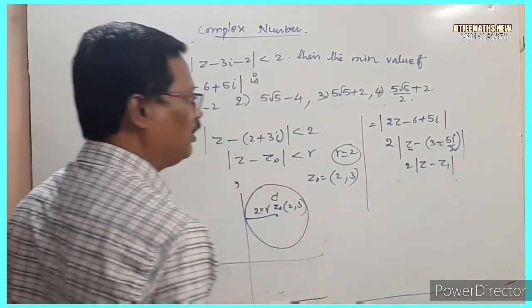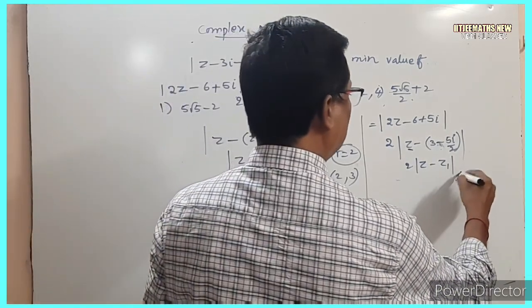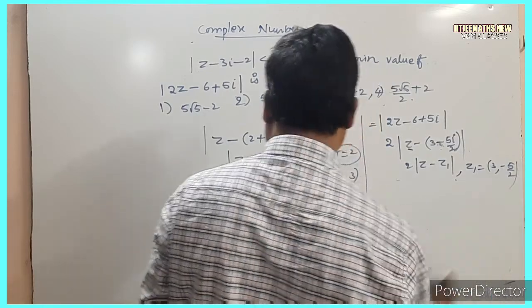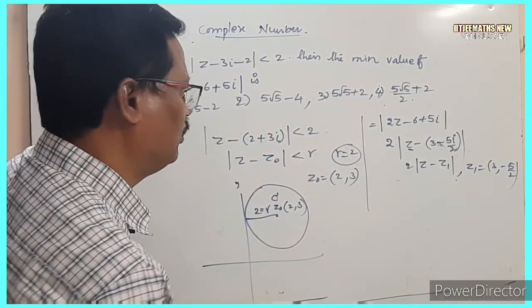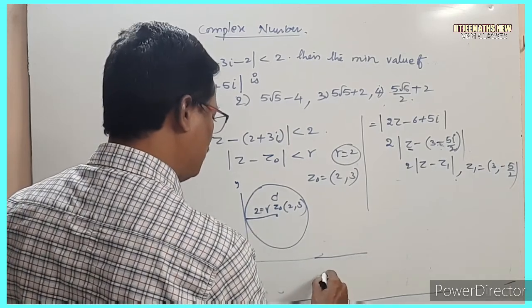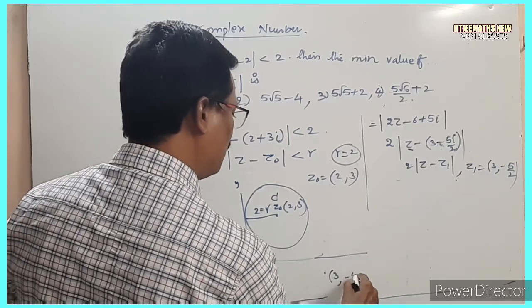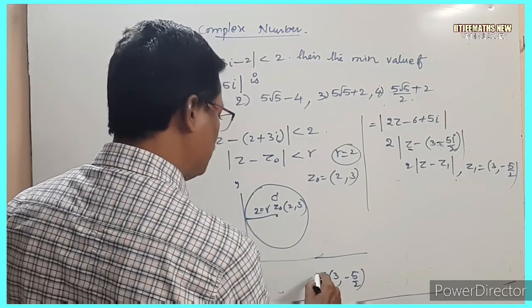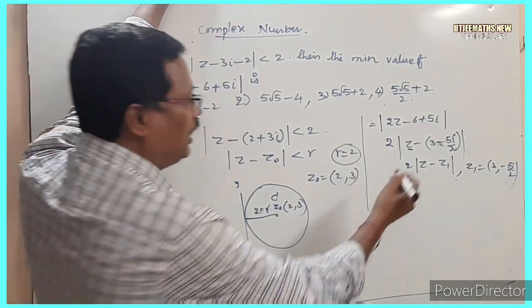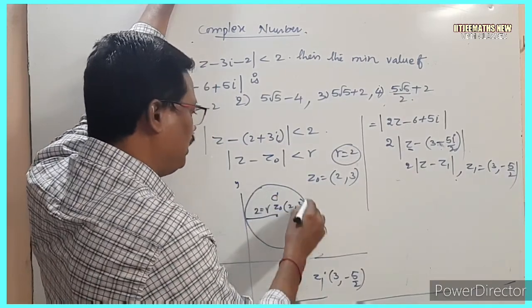That is, z1 is what? z1 is 3 minus 5 by 2 i. Where will be (3, minus 5 by 2)? The x coordinate is 3, and y is minus 5 by 2. This is z1. Okay. Now what are they telling? z is any point on or in the interior of the circle.